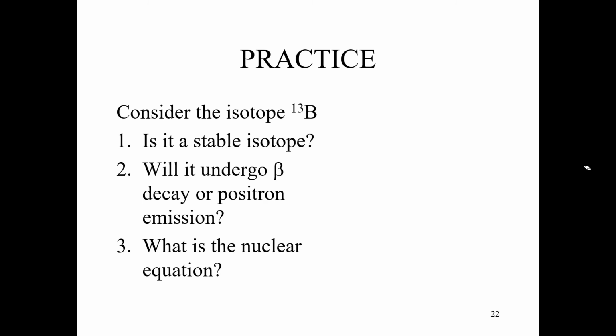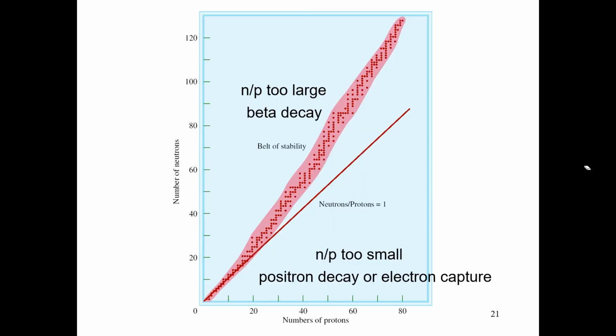Well, that would be 8 to 5, which, for a small element like boron, is in excess of the ideal 1-to-1 ratio. Remember that for these smaller elements, you want a ratio of about 1-to-1. And in this case, we saw that this is not the case.